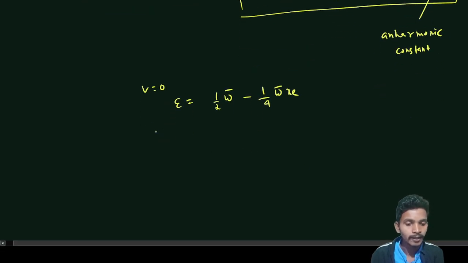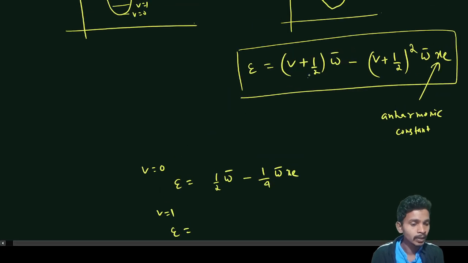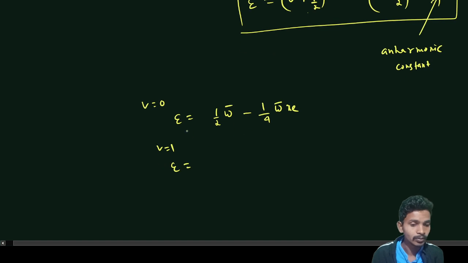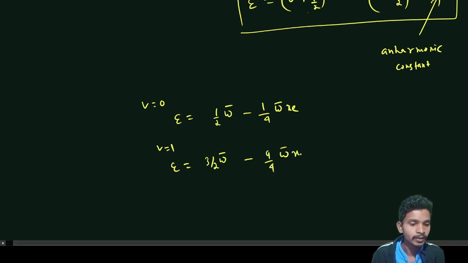Okay, similarly if b equal to 1, then epsilon will become 3 by 2 omega, and this is just the square of this value, so this will become 9 by 4 omega xe.